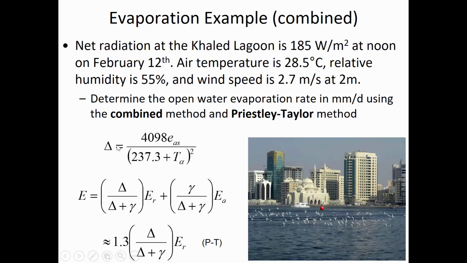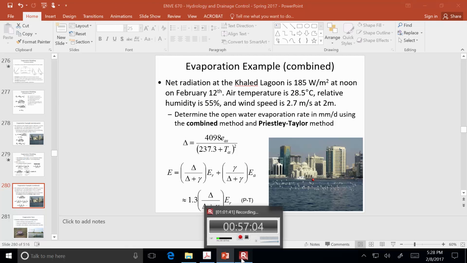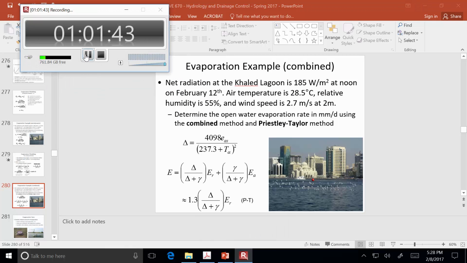What you'll do is, first of all, calculate delta, and you'll use that along with the given gamma to calculate the actual E in the combined method, and then compare that to the Priestley-Taylor simplification.